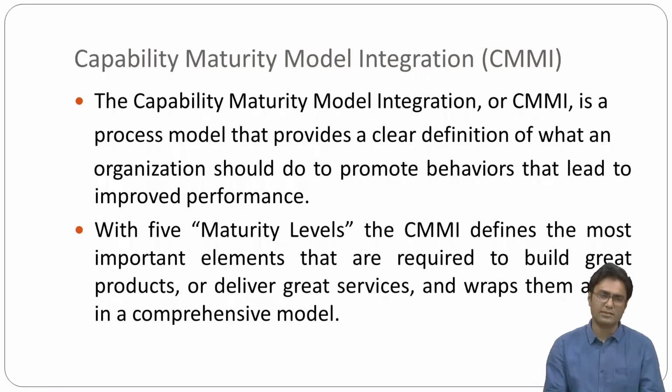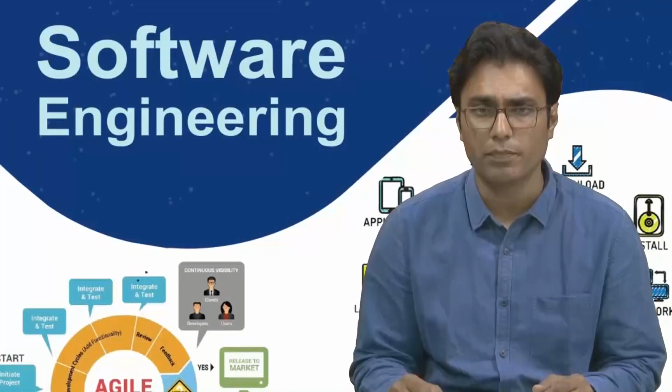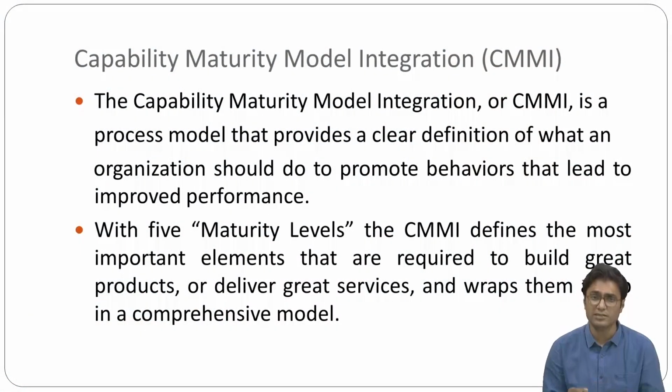So in the next slide, we have the capability maturity model. The capability maturity model integration or CMMI is a process model that provides a clear definition of what an organization should do to promote behaviors that lead to improved performance, right?